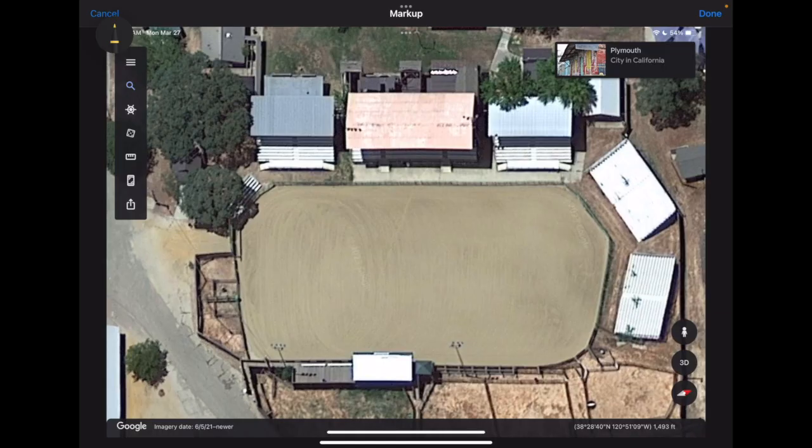This is an overview of the arena at Plymouth. This is definitely one of the more difficult lighting situations that I've had to deal with. This is a fairly big arena. It looks like 6 lights there and 6 lights here, and then 4 and 4. That's tough, because if you look at how the light is distributed, right, you're going to have kind of a bright spot in this corner from this light, and then you're going to have kind of a bright spot here, which is where the rough stock shoots are.